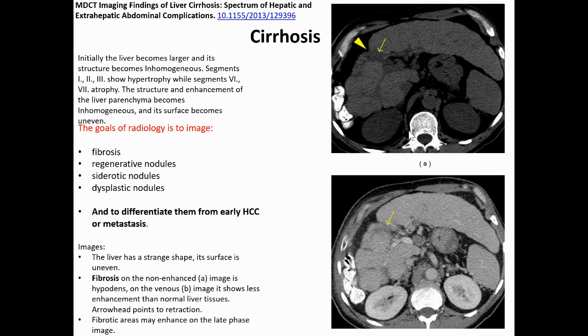So take a look at these two images. The upper image is a non-enhanced series. There's no intravenous contrast in the aorta. There is contrast in the bowels, but that doesn't mean that it's a contrast enhanced image. And the lower image is a contrast enhanced image in the venous phase, and the arrows are pointing to a dark area on both series, which doesn't enhance as much as the living parenchyma does.